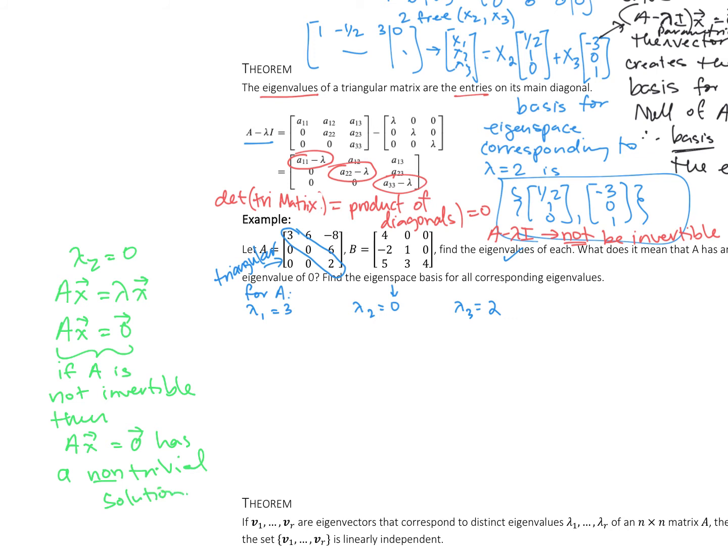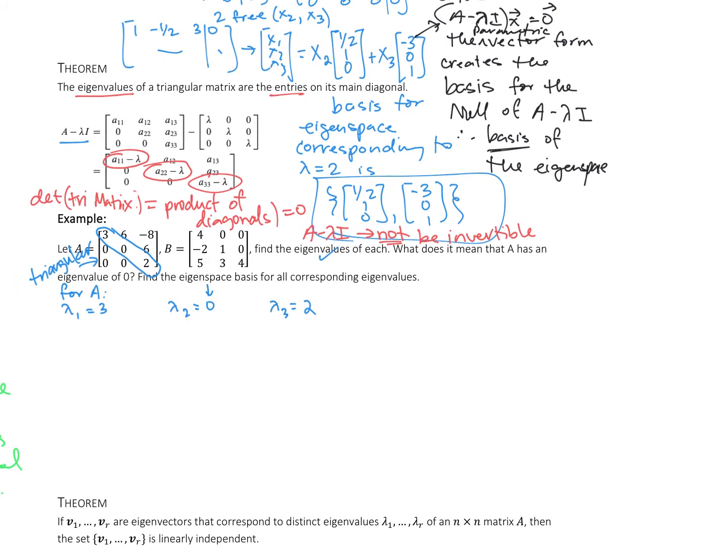So the fact that 0 is an eigenvalue is not an issue. 0 being the eigenvalue does not automatically mean that this equation has only the trivial solution. It also has to do with the fact that A is not invertible here. So, okay, where are we at? Okay, aside.